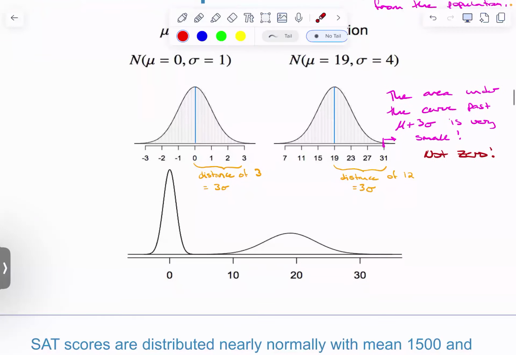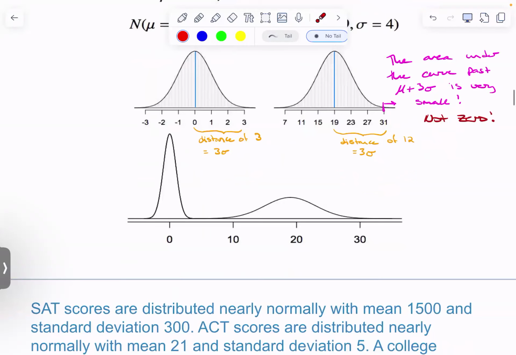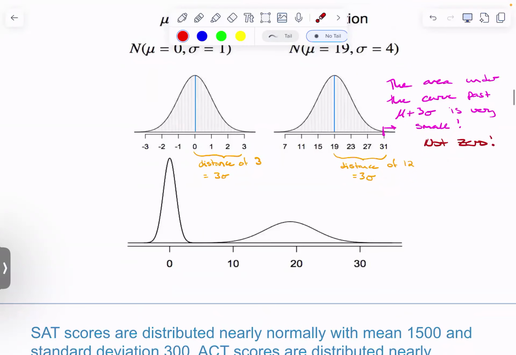And so that's what they look like. But in general, they have the same anatomy, right? You can move out 3 standard deviations in either direction before it starts becoming very unlikely. Possible, but unlikely. Right. Okay. So how do we use this?